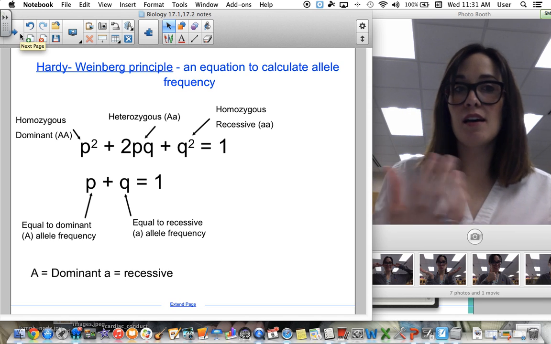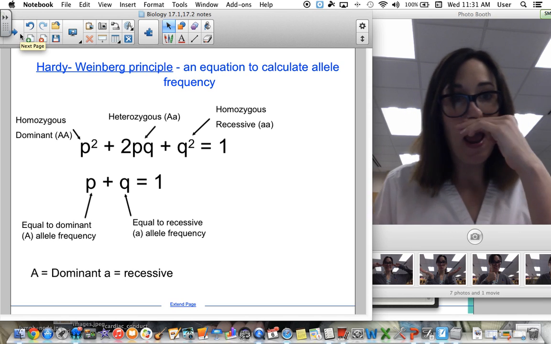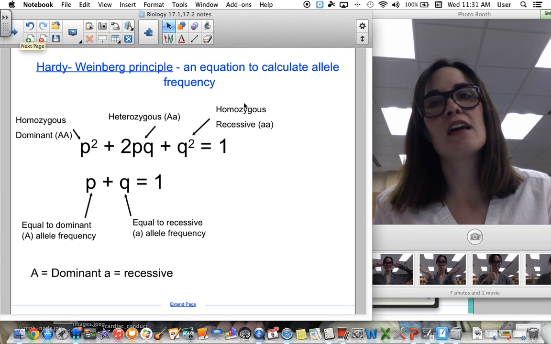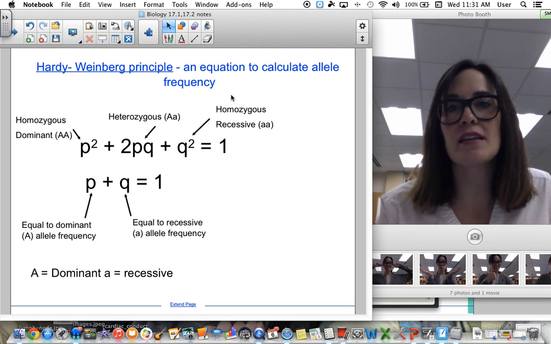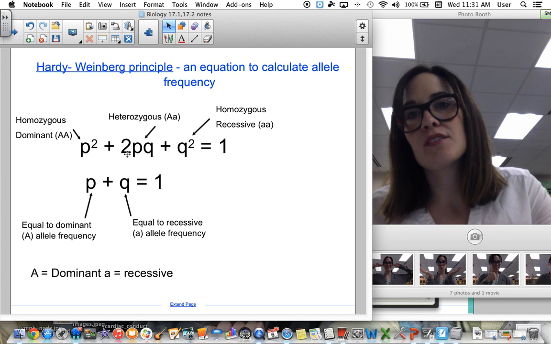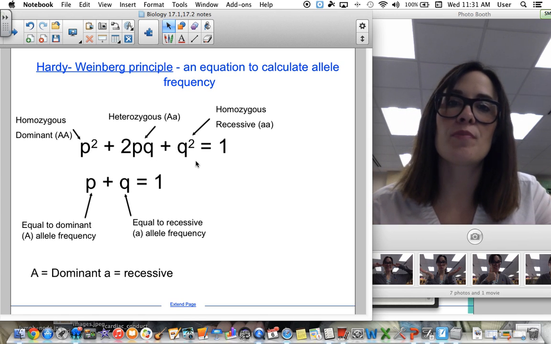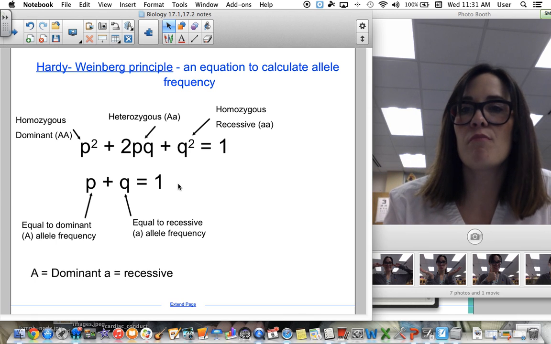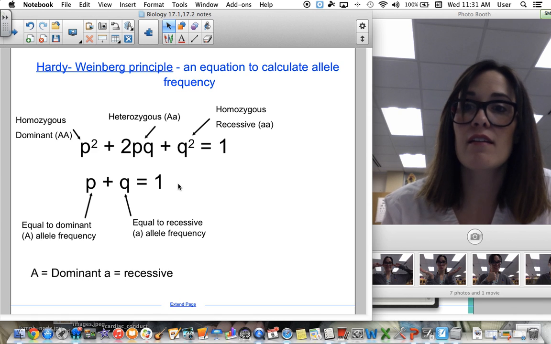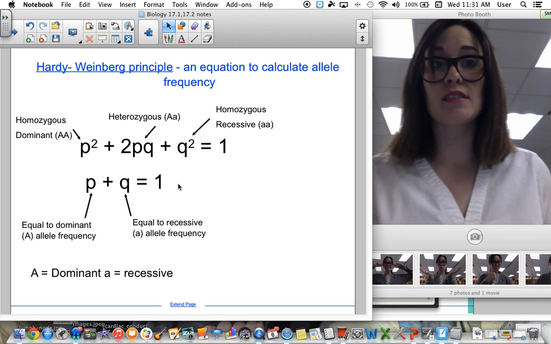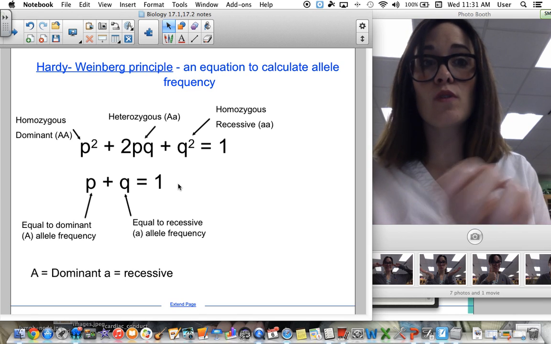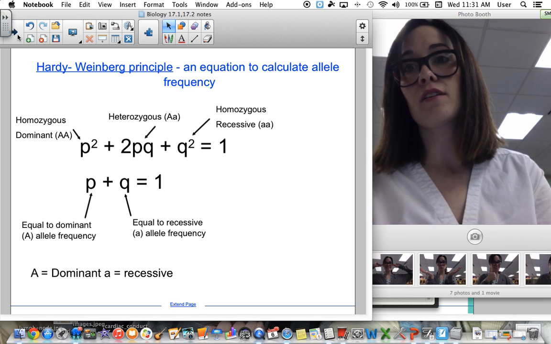This is an equation called the Hardy-Weinberg principle, and it's an equation used to calculate allele frequency in a population. So p squared plus 2pq plus q squared equals 1, and p plus q equals 1. And I showed you with the arrows what those letters represent and how you can actually determine allele frequency and calculate that. We will not actually do that, but I just wanted to show you how it can be calculated.